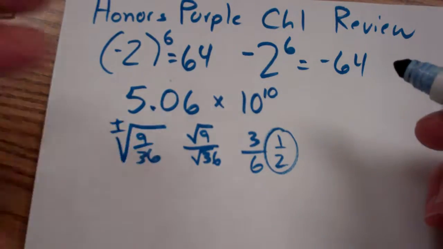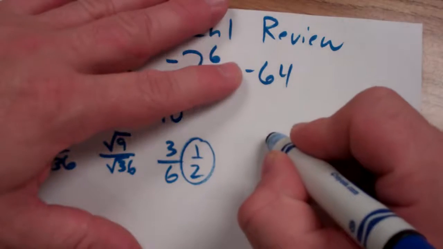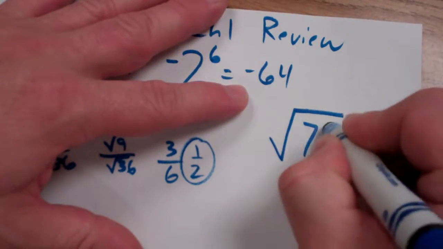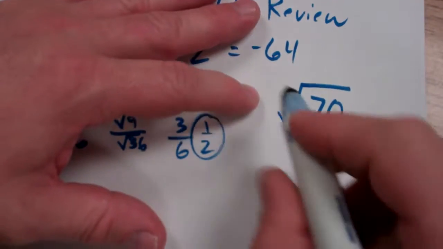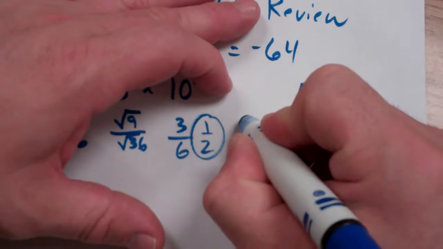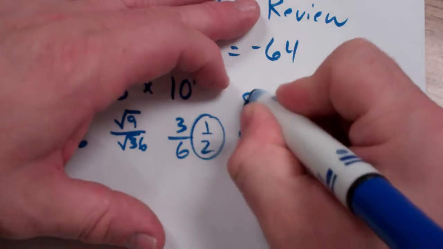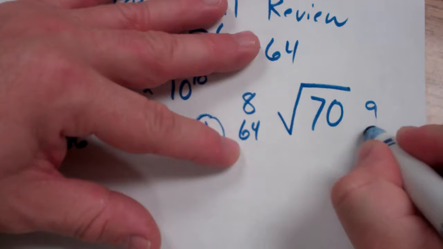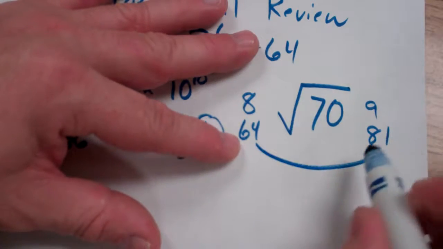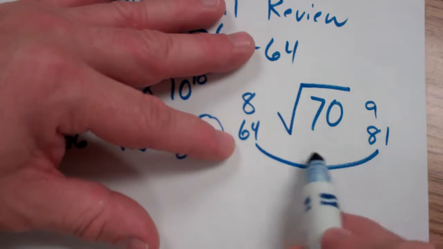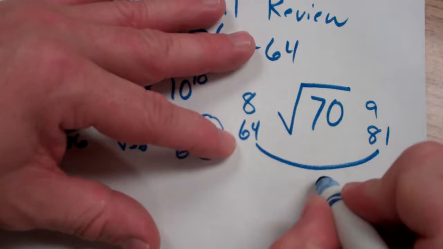All right, second one, approximate square root of 70. I'm going to go through that process real quickly. Well, 70 is between the perfect squares 64, which is 8, right? And 81, which is 9. So if I do a subtraction problem to figure out how many numbers are between 64 and 81, I get 17.